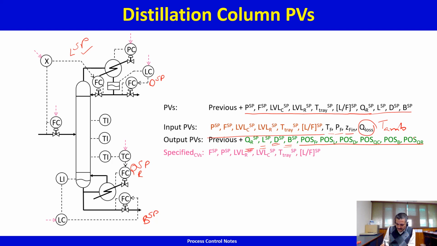What is the operator specifying? He is specifying the set point of the 6 controllers that we have, and in order to do so, these are the manipulations that are occurring. Position of the feed valve is, yeah.